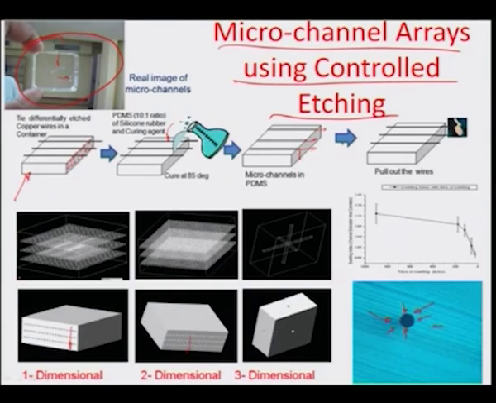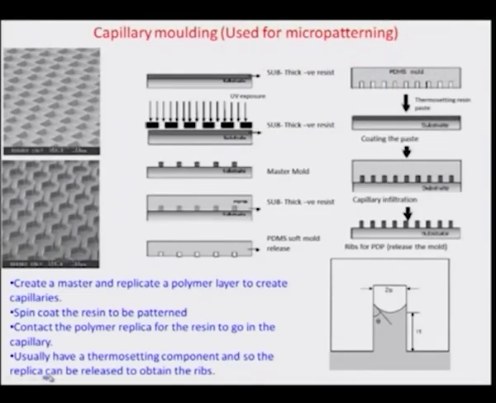So, it is a very important technique for realizing arrays of microchannels in the bulk volume of the PDMS matrix. So, this is another extension of replication and molding in the third dimension.